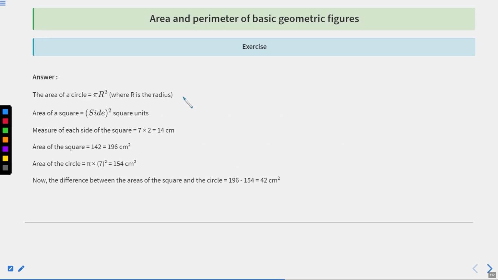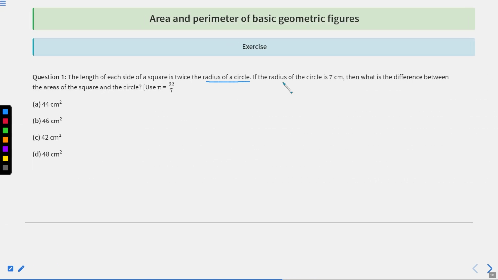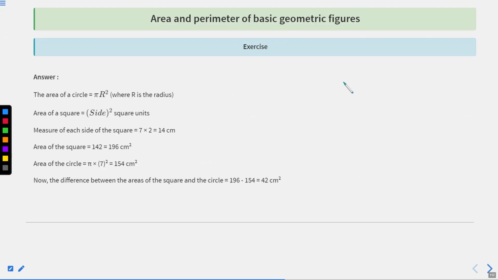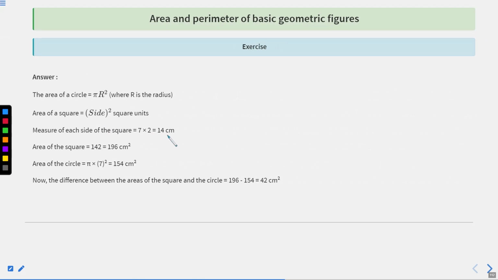Let us quickly recall the formulas. The area of a circle is given by pi r square, where r is the radius of the circle. Area of a square is given by side square. The measure of each side of the square is 7 times 2, because the radius of the circle is 7 centimeter, so each side of the square will be 14 centimeter.